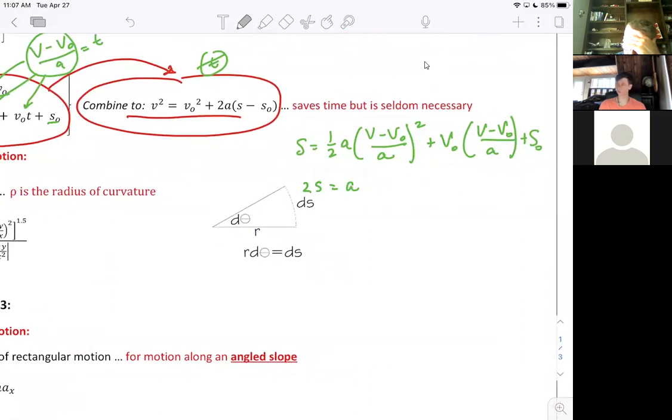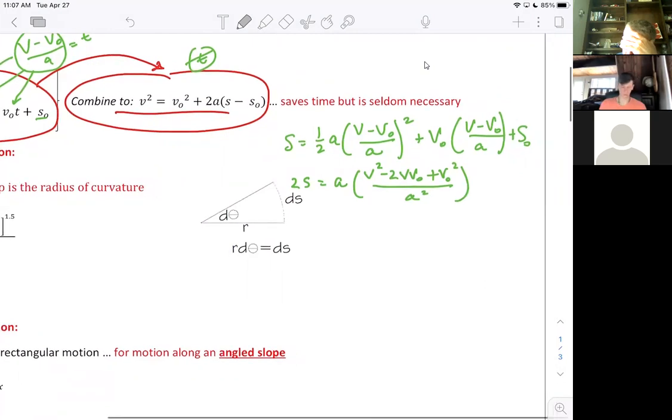And then this would be a, and if I squared this out, I don't know if this is a good idea or not, but if I squared this out, (v minus v0) squared would be v squared minus 2v v0 plus v0 squared, and that'd be over a squared.